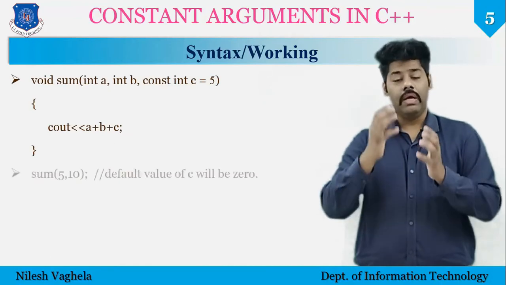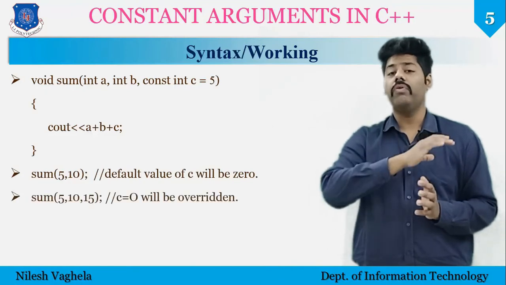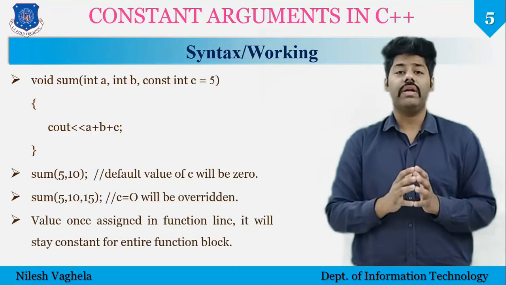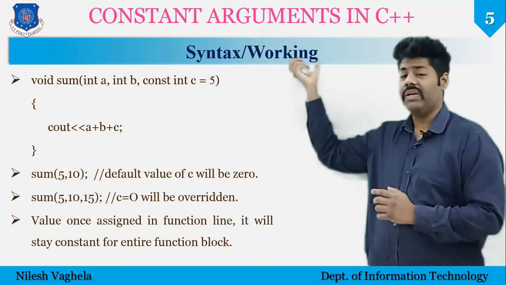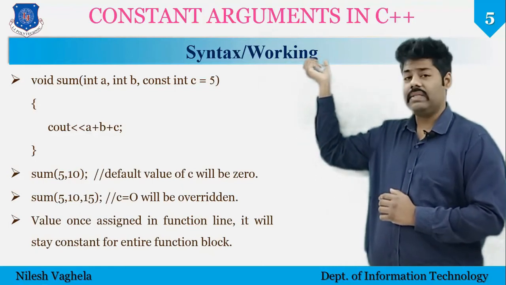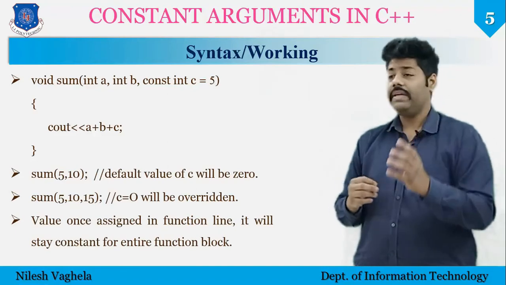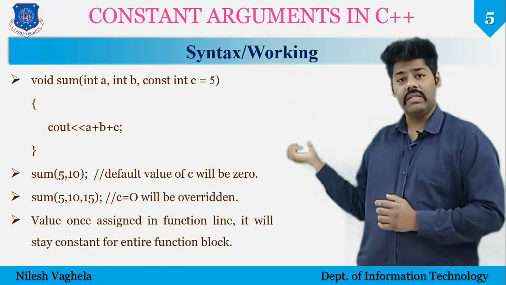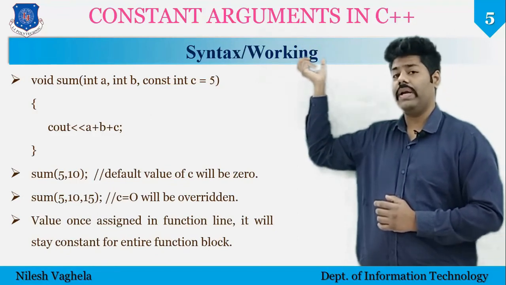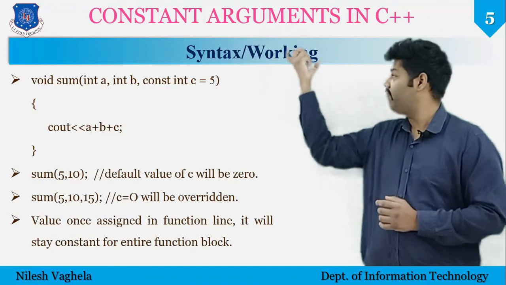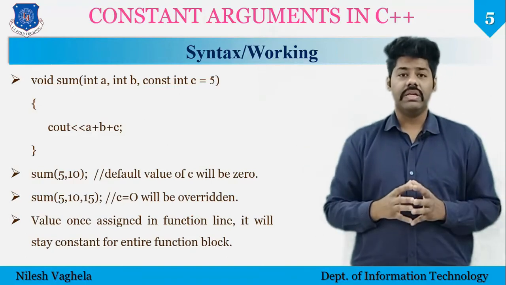Once the value has been assigned, it is never going to be changed during runtime until the program ends. So we have given const int c = 5, for example. Whenever the user passes a value, that will be overridden, but once the value is overridden, it will not be changed within this code block. So that is the working of the const keyword.